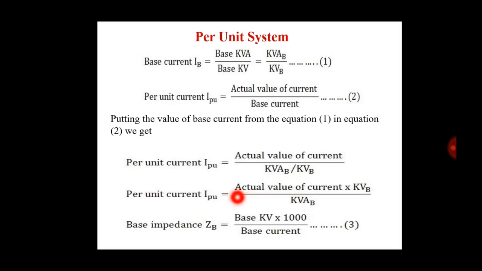So base impedance is equal to base kV divided by base current into 1000.